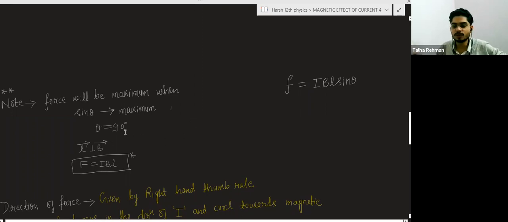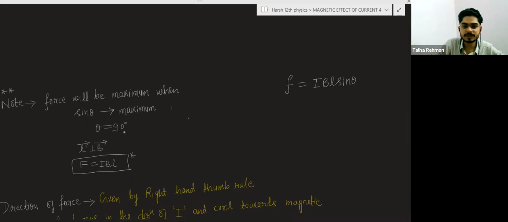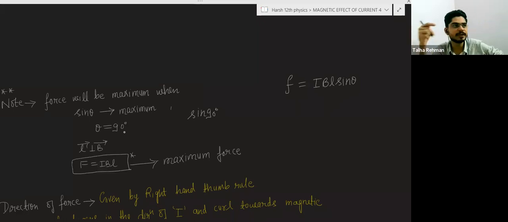At theta equal to 90 degrees, sine 90 is 1. So the force will become I B L, and this is the maximum value of force on the wire for a given current, magnetic field, and length of the wire.